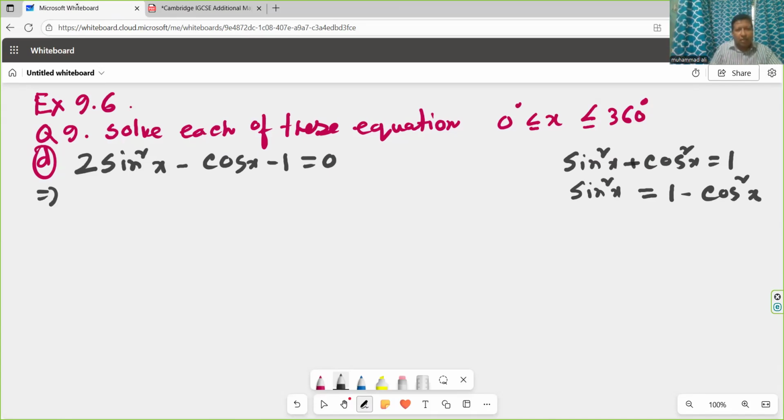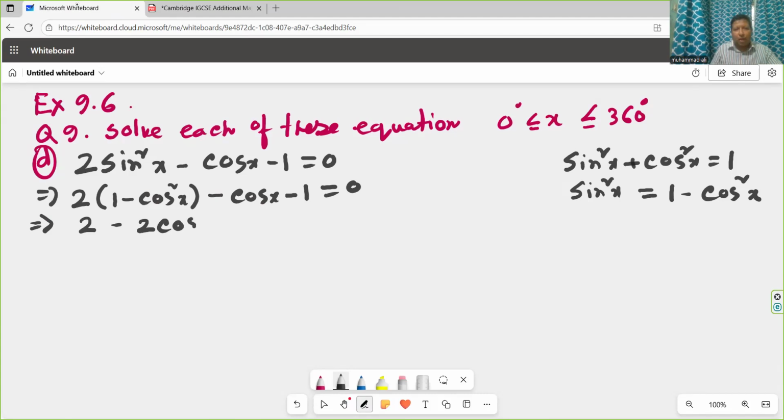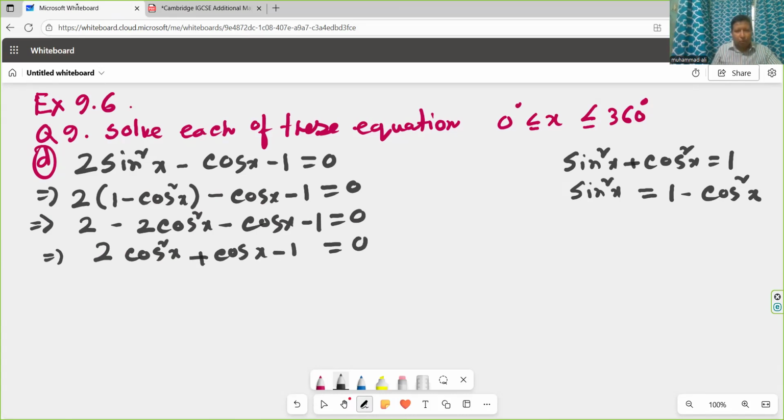We put it over there: 2 bracket 1 minus cos square x minus cos x, and this constant untouched. If we multiply, we get 2 minus 2 cos square x minus cos x minus 1 equals 0. If we simplify, we get 2 cos square x plus cos x minus 1 equals 0.